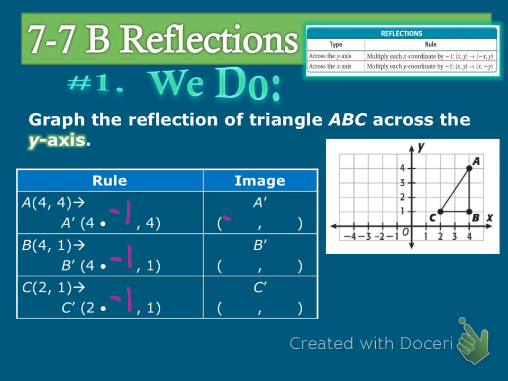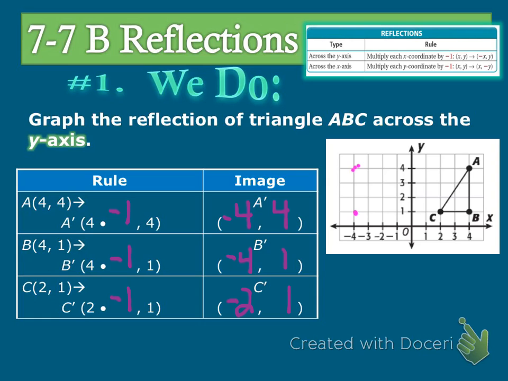So you end up with -4, 4. -4, 1. And -2, 1. So if we're going to reflect that, -4, 4 is going to be right there. -4, 1's right there.